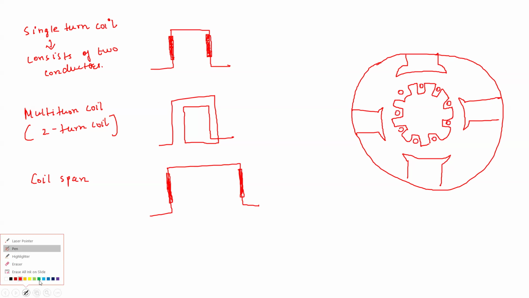So suppose it's a coil. You will place your coil something like this. It is starting here. So these are 1, 2, 3, 4, 5, 6, 7, 8, 9. If it were 8, then it would be good. So let us say it is having 8.